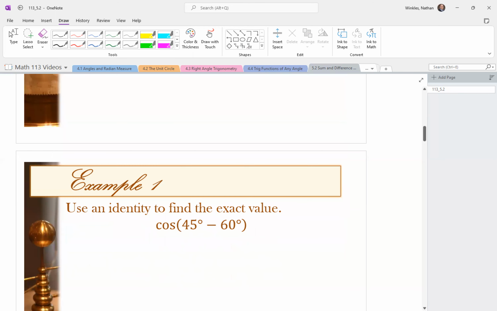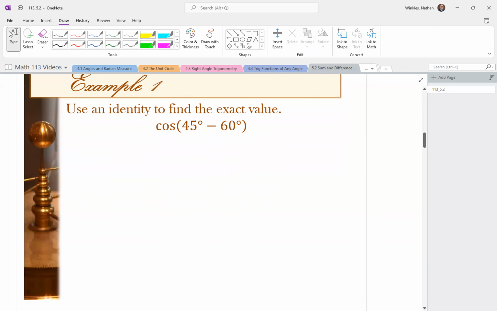So let's see how we can do stuff here. We have cosine of 45 minus 60 degrees. So we have a subtraction.